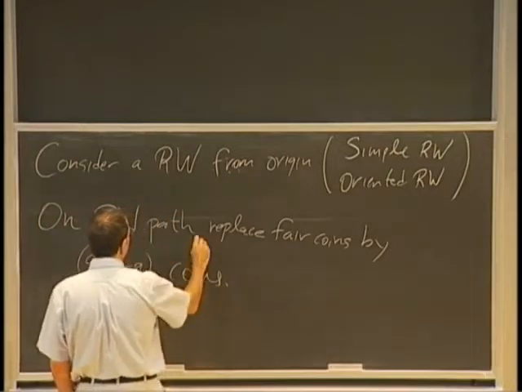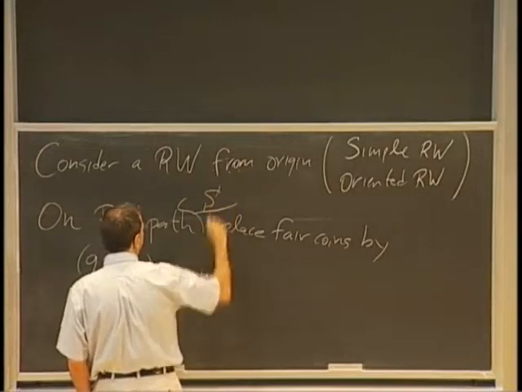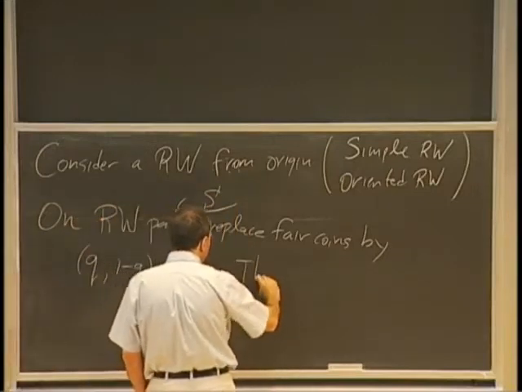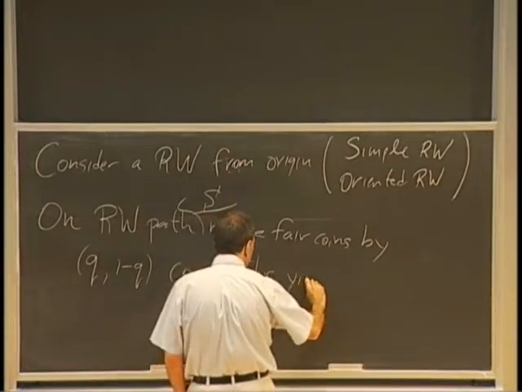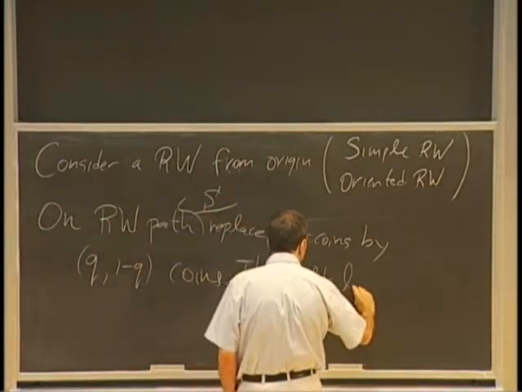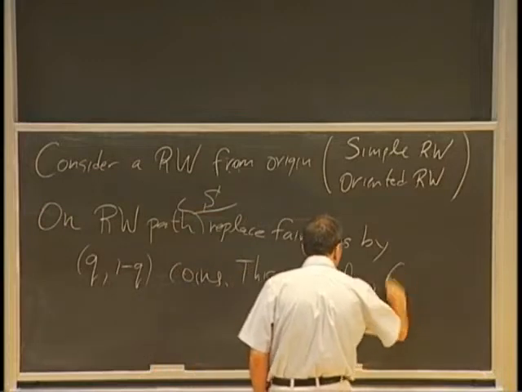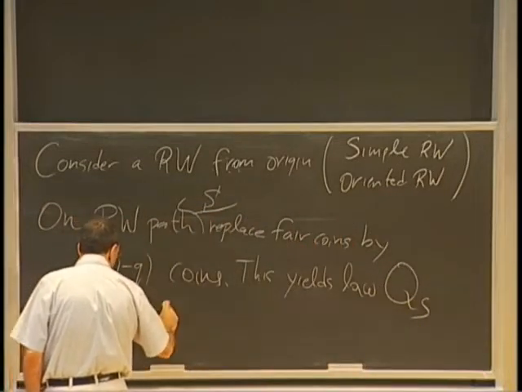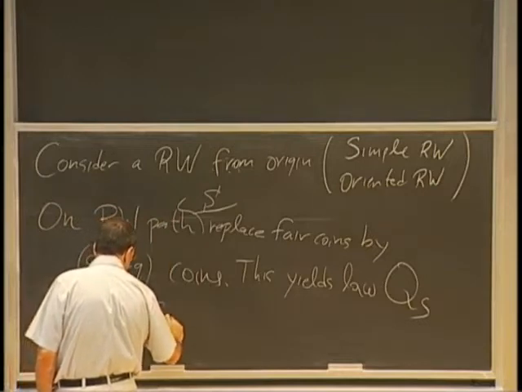So on the random walk path, let's call the random walk path S. This yields a law Q sub S for the scenery or the environment.